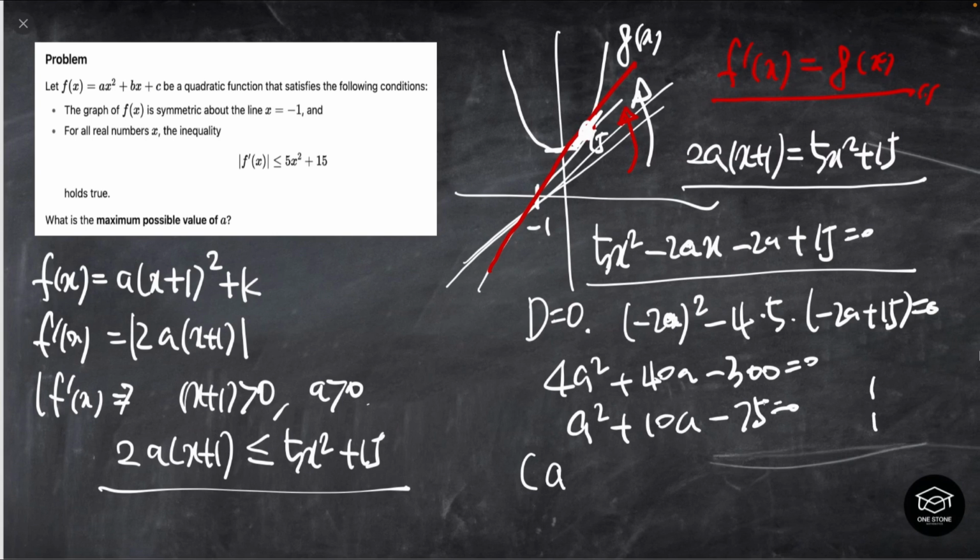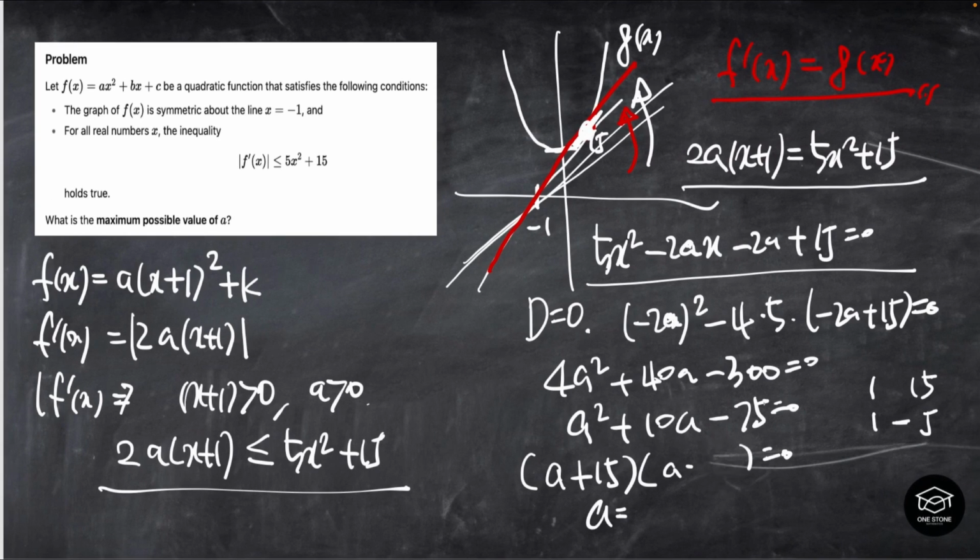Now solve for a. This is a quadratic equation in a. Instead of using the quadratic formula, we can factor it directly. We look for two numbers that multiply to -75 and add up to 10. Those numbers are 15 and -5.